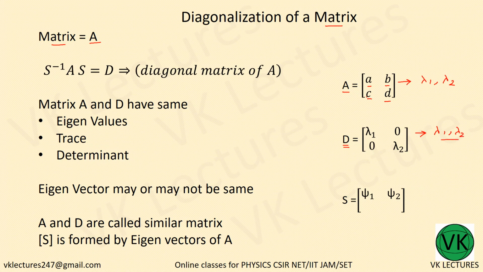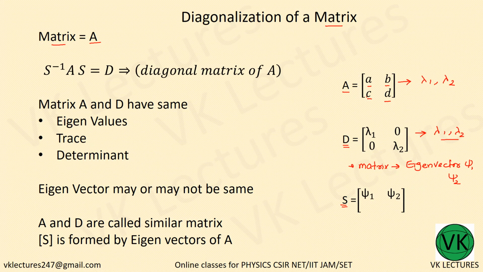Now what is S? S is a matrix formed by the eigenvectors psi 1 and psi 2 if you are considering 2 dimensions. If there are 3 dimensions, there will be psi 1, psi 2 and psi 3. So S is a matrix formed by the eigenvectors, and D is a matrix formed by the eigenvalues.